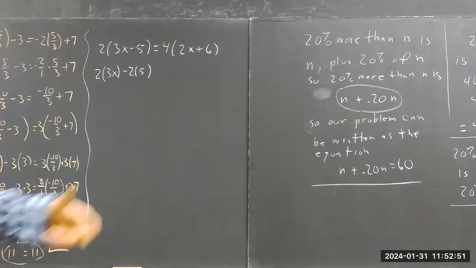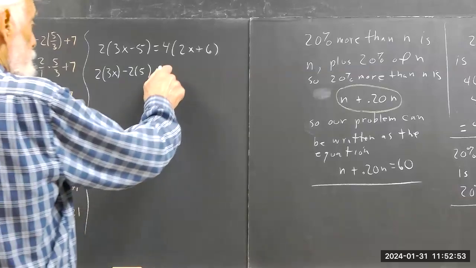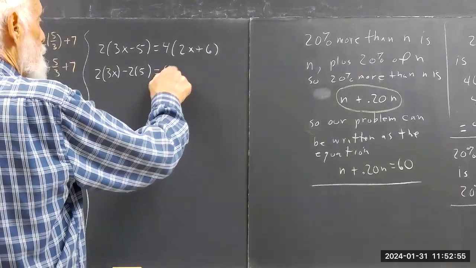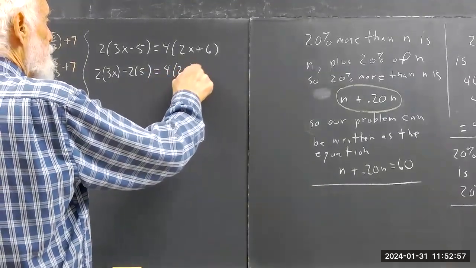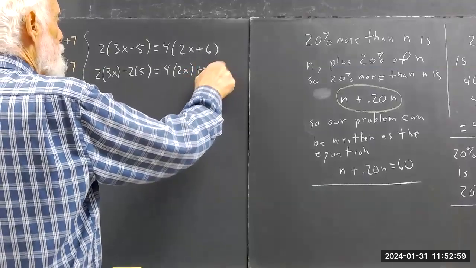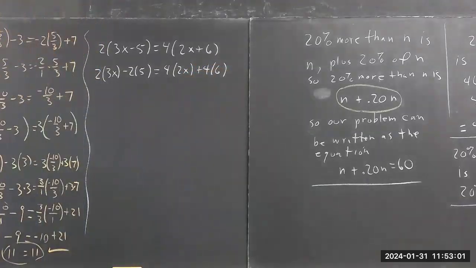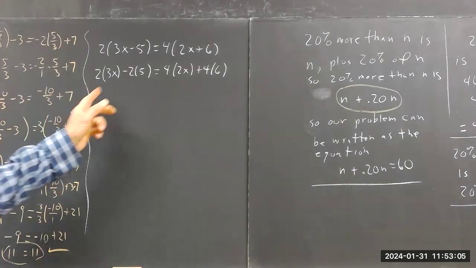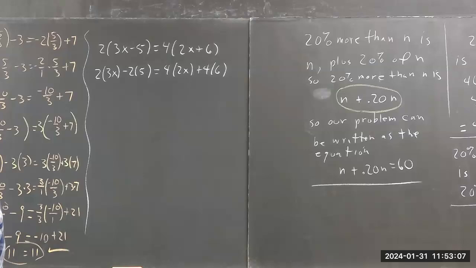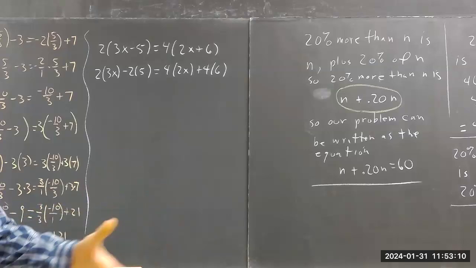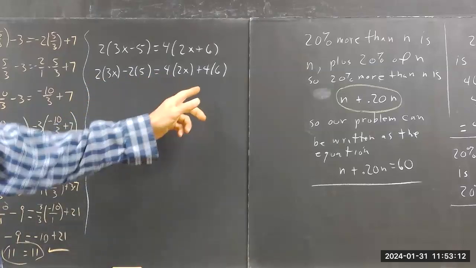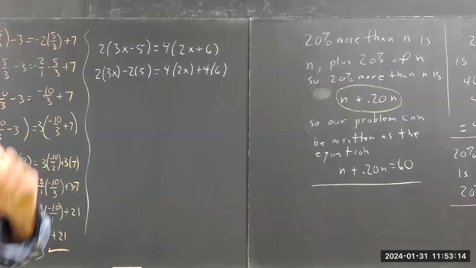That's the rule. Okay, then 4 is multiplying 2x, and 4 is multiplying 6. And I can't forbid you, but I strongly urge you to write this step. Don't actually do the numbers until you've written this step and reinforced what it is you're doing.